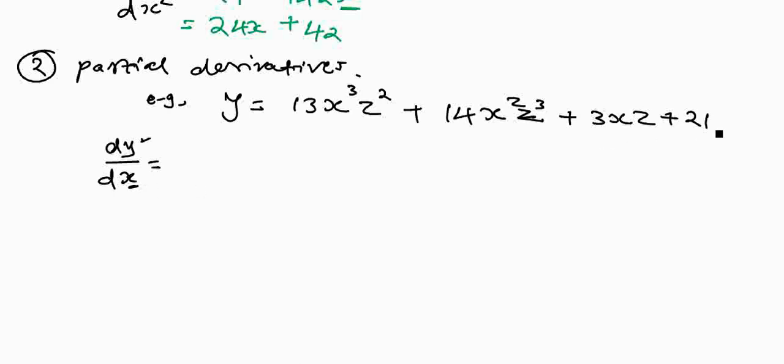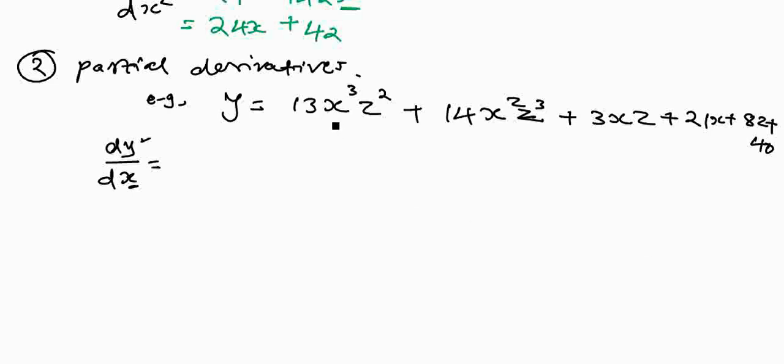Maybe let me add something more. Maybe plus 21x for example. Plus what else can I add? Plus 8z maybe plus 40. Yeah, I think that will be better for illustration.